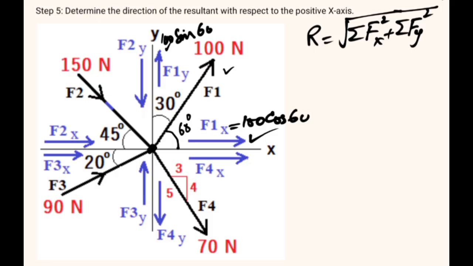So in that case, its components will also be pointing towards that. So the direction of the components is decided. Now look at the angle which this force makes with your x-axis. It is 45 degree. So we can easily say that its component F2x will be 150 cos 45 degree, and its y component will be 150 sin 45 degree, right?